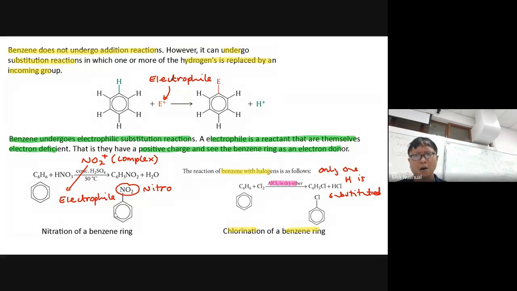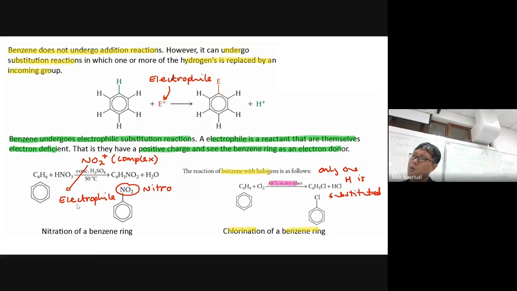Now there are two main reactions you need to know when you're talking about electrophilic substitution reactions for benzene, which are required on your IB test. The one on the left side at the bottom here is what we call the nitration of benzene reaction.